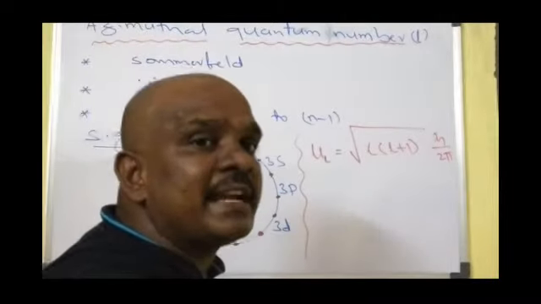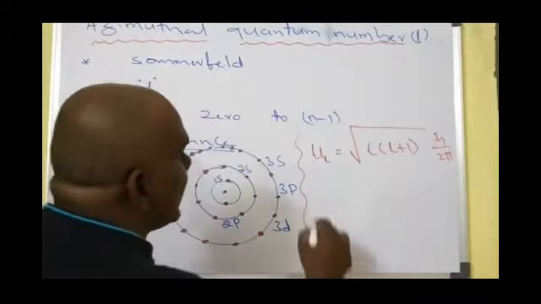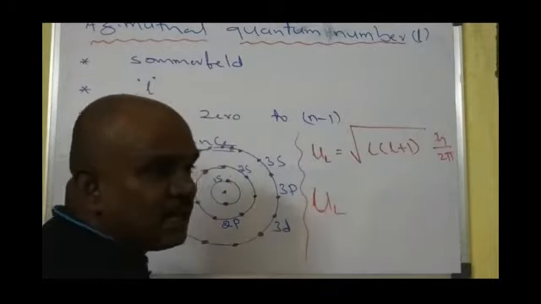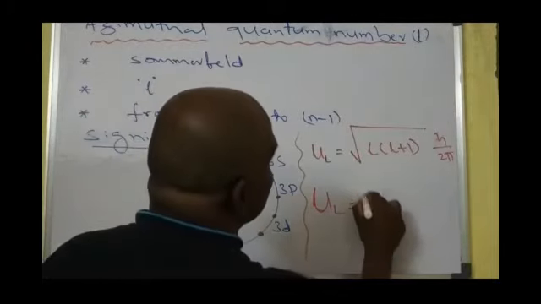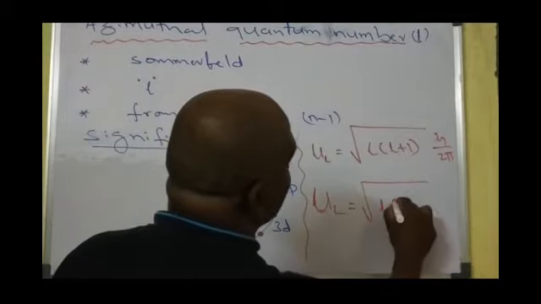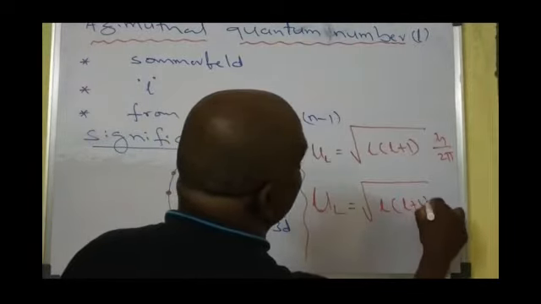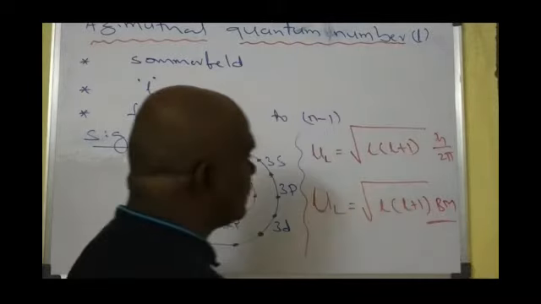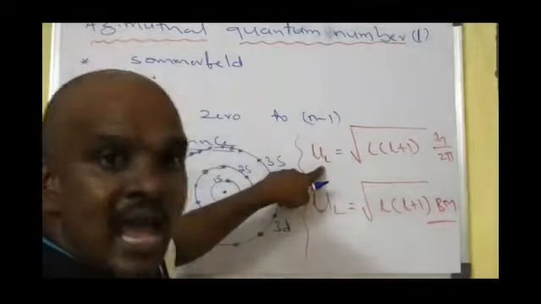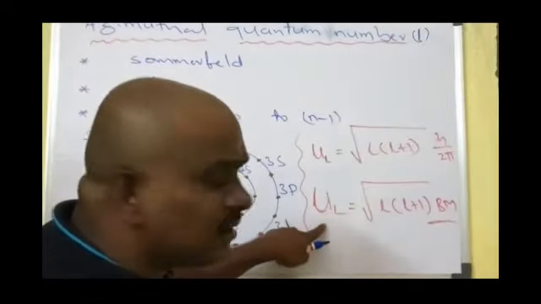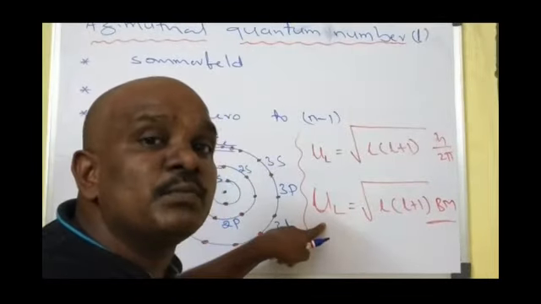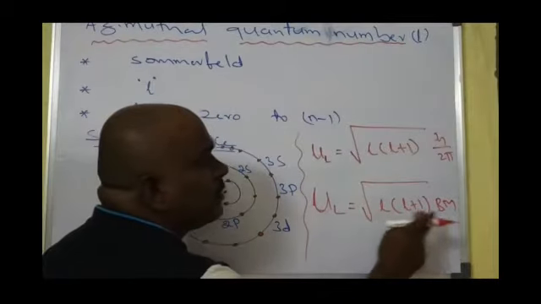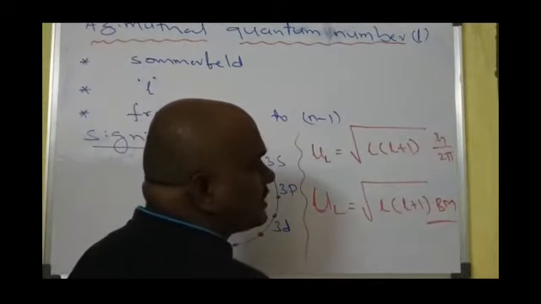This is the magnitude of magnetic momentum, and one more formula is there. This is capital L, that is equal to the square root of L into L plus 1. This is in Bohr magnetons. This is angular momentum. This is the magnitude of magnetic momentum. Here L is the azimuthal quantum number. Here h is Planck's constant.